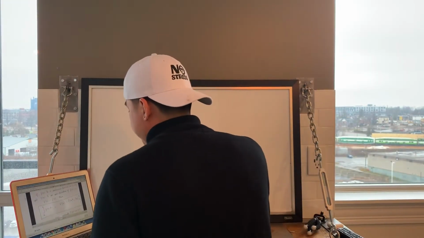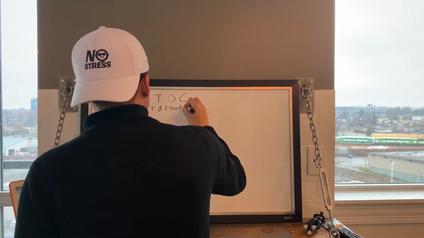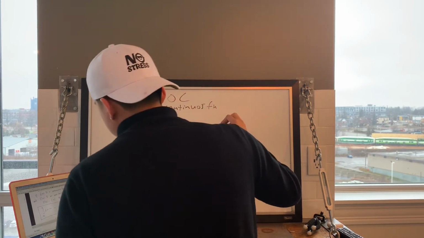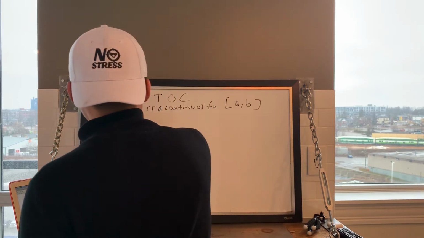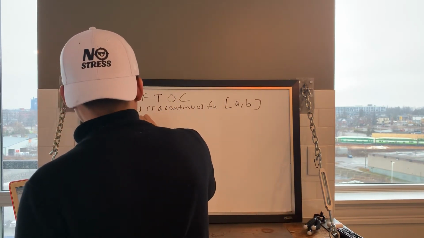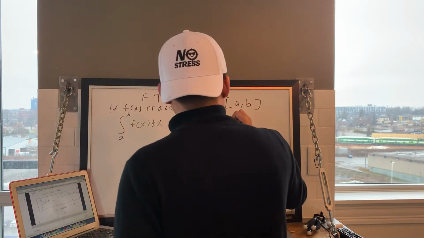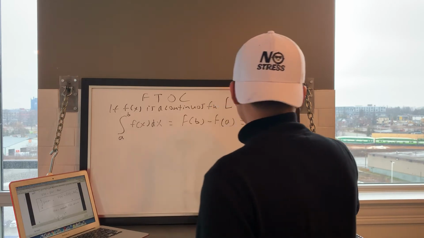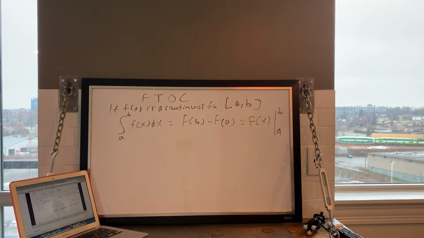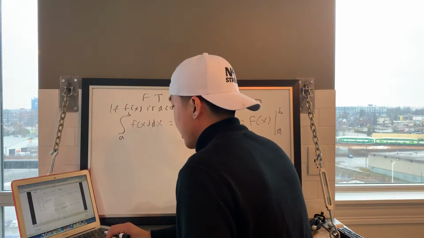So, if f of x is a continuous function on a comma b, including the points, then we can go a to b equals F of b minus F of a. So remember, big F is the antiderivative, also known as the integral, right? So that's also how you write it, when you're done integrating.